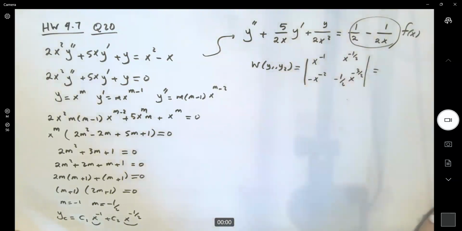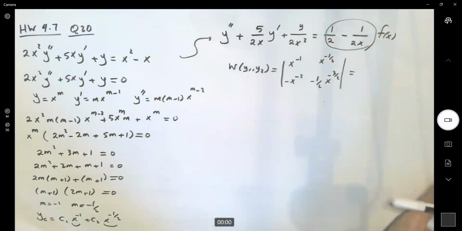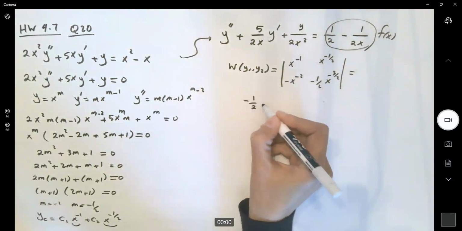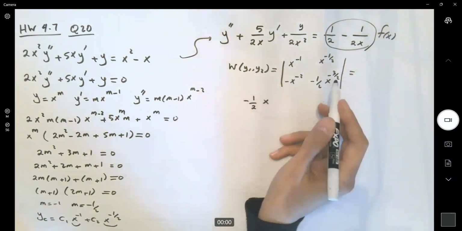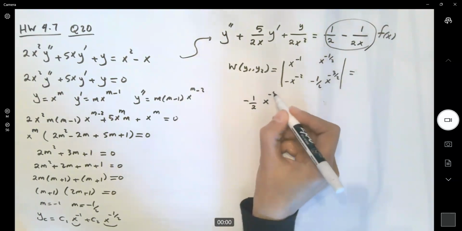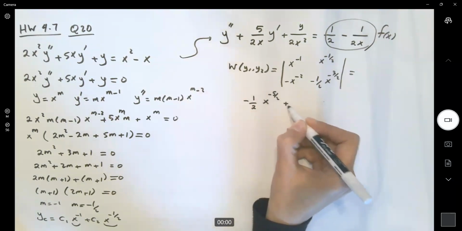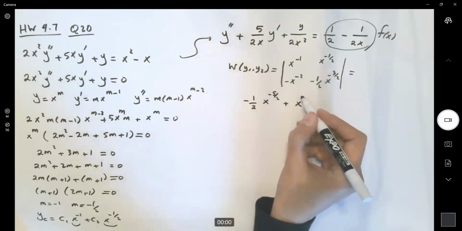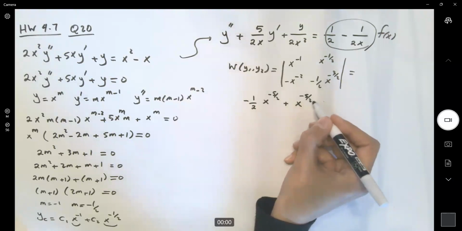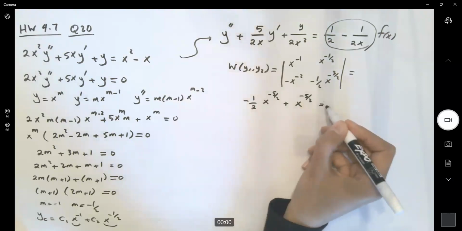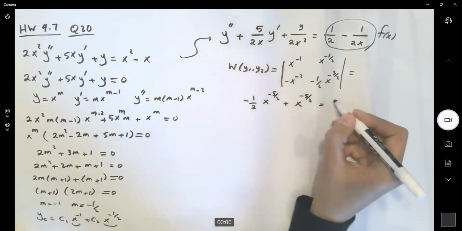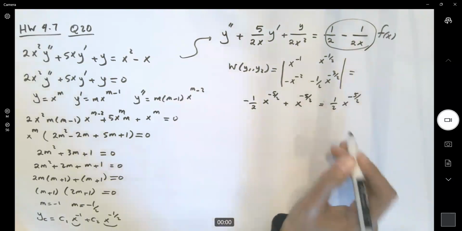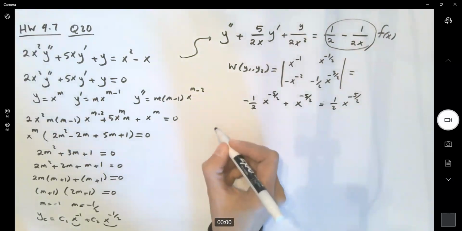So this determinant is equal to the multiplication -1/2 x raised to -3/2 minus 1 -5/2 plus x raised to -2 minus 1/2, you get -5 over 2. If you simplify this, you get 1/2 x to the -5/2. This is the Wronskian that we have.